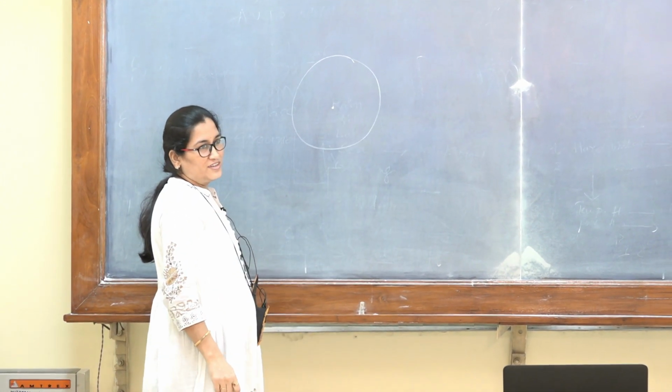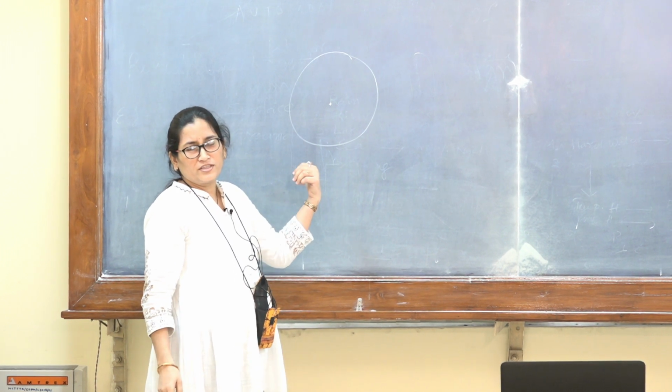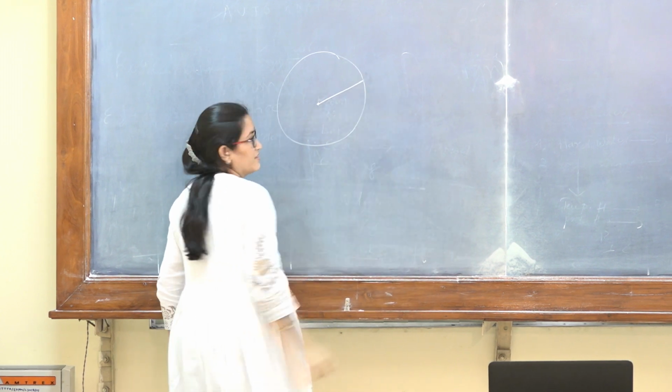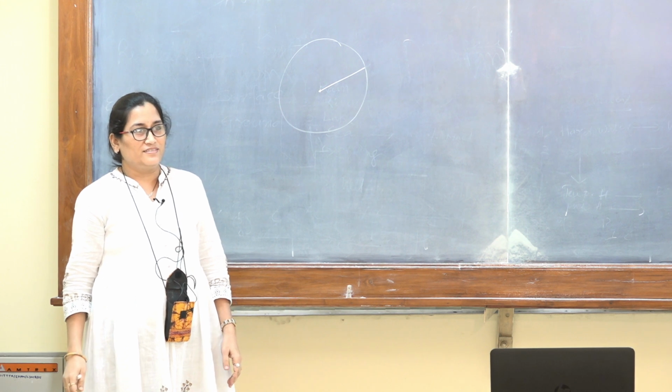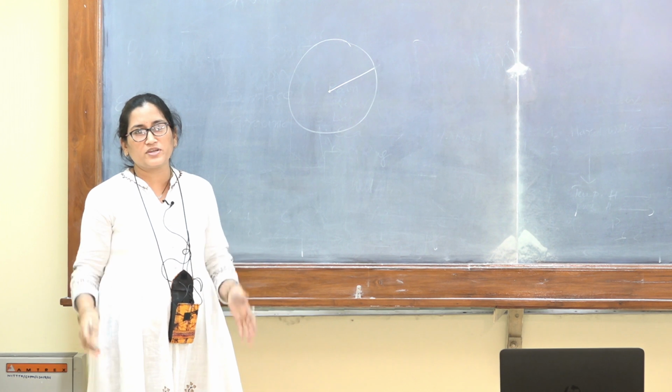Now, it's a circle with center, with a radius. How do you express this mathematically? There must be some expression. How do we express it?